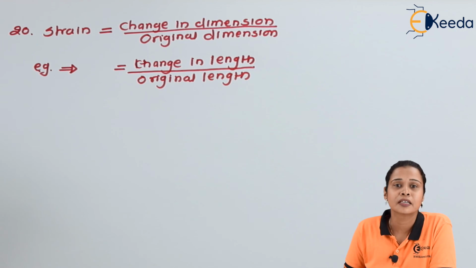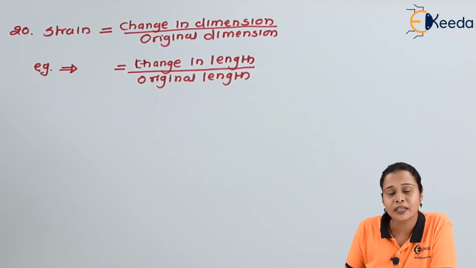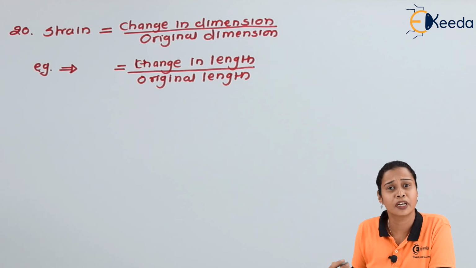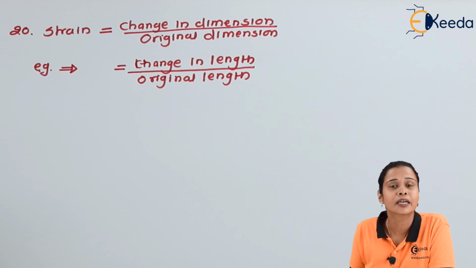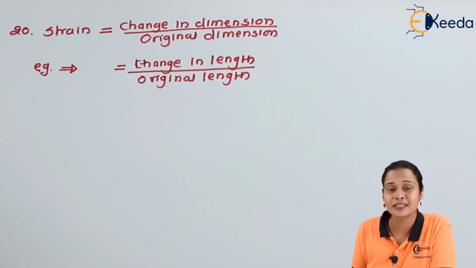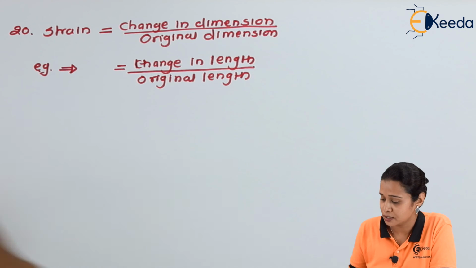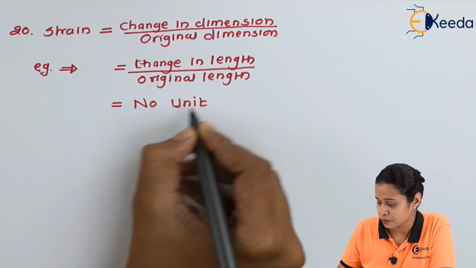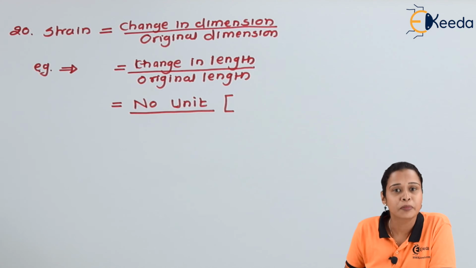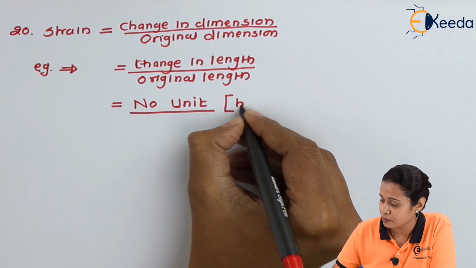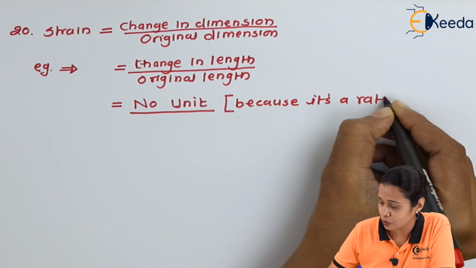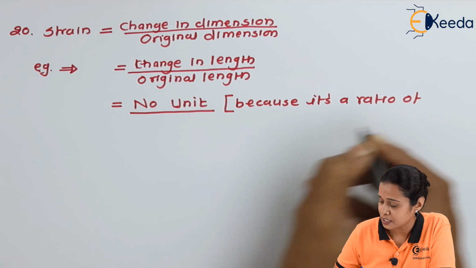Now in this case, in the denominator as well as in the numerator, we have the same quantity. So it is a ratio of the same quantity. And whenever there is a ratio of the same quantity, there is no unit. Hence, strain doesn't have any unit and dimensions. No unit because it's a ratio of the same quantity.